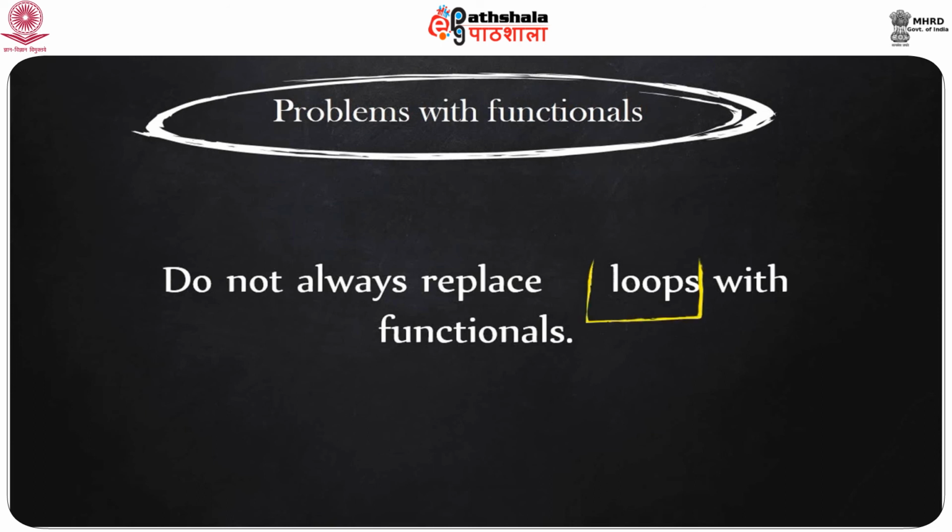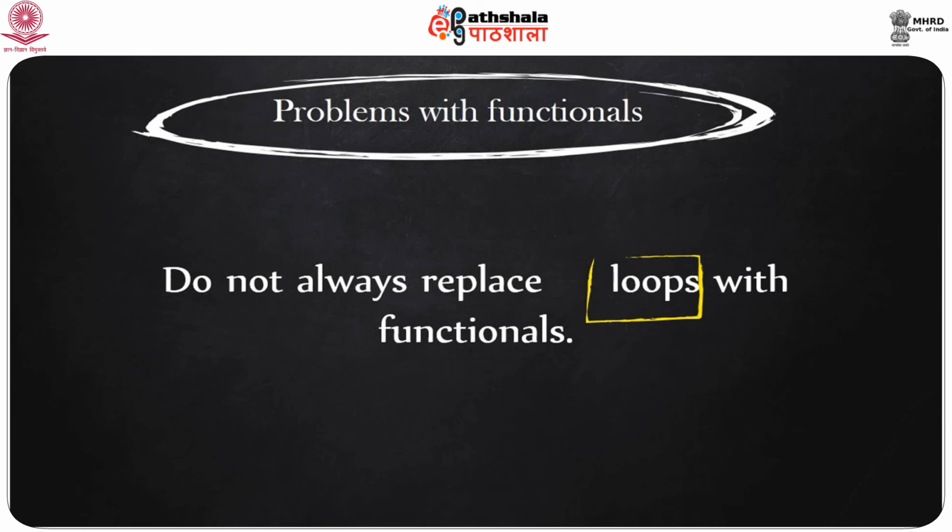By this, I mean, can we always find a functional corresponding to each looping structure? Also, even if we find one, is it worth replacing them with a functional? I mean, is it beneficial always? Of course not. There are a number of cases which show that it is not worth replacing all the for loops.